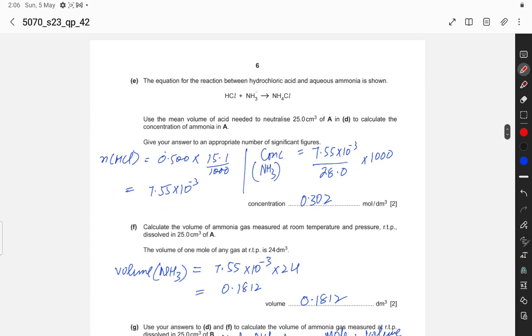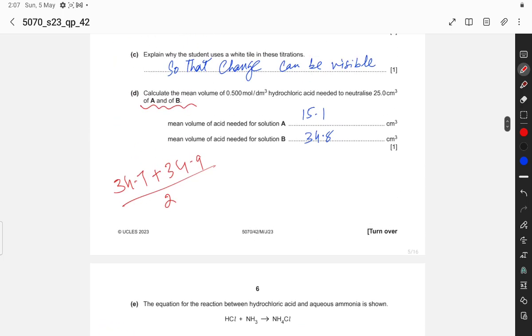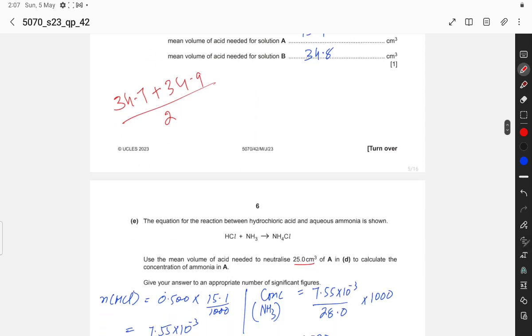The equation for the reaction between hydrochloric acid and aqueous ammonia is shown: HCl plus NH3 forms NH4Cl. Use the mean volume of acid needed to neutralize 25 centimeter cube of A to calculate the concentration of ammonia A. We have 0.500 as the concentration of HCl, and for solution A the mean volume is 15.1.